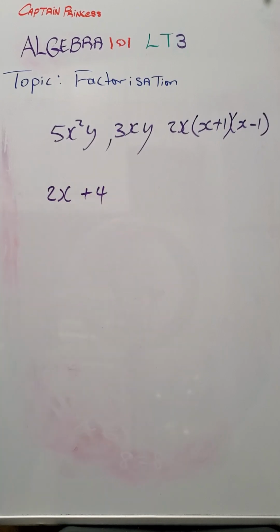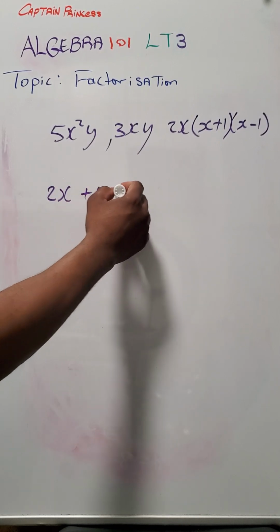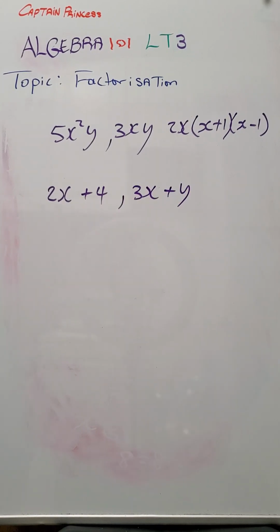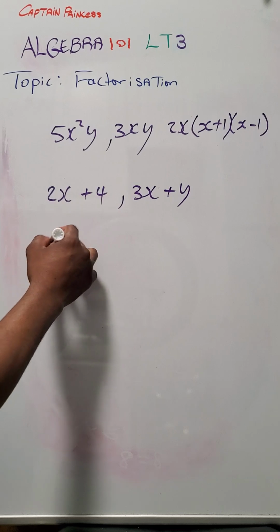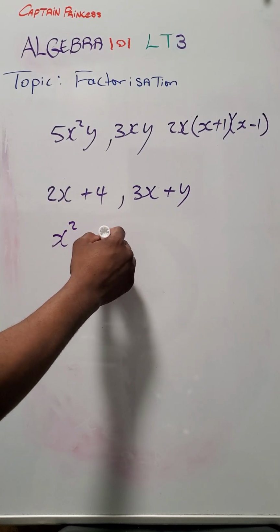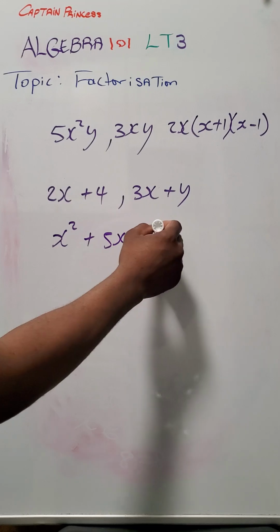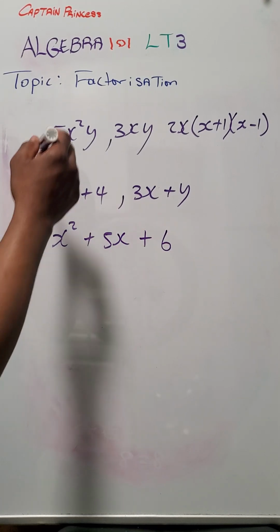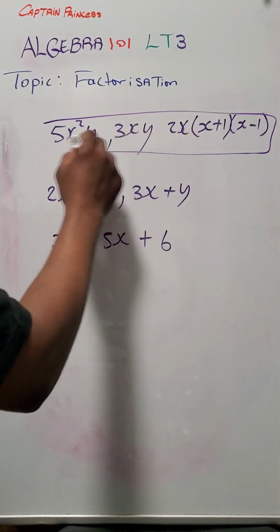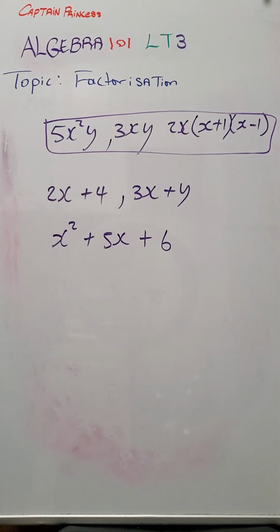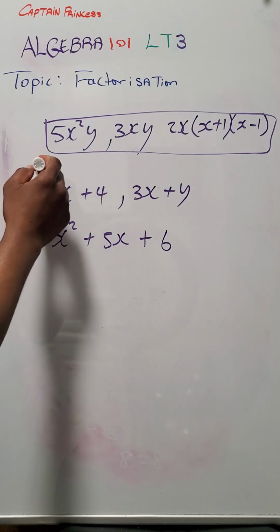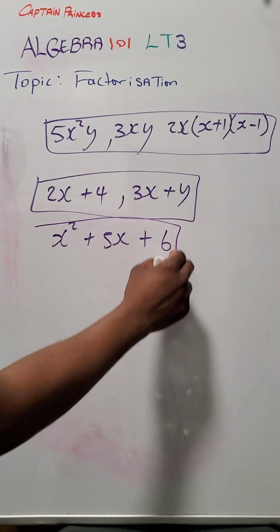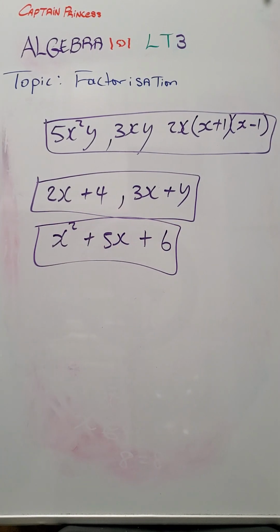2x plus 4, and also an expression of the form 3x plus y, and an expression of the form x squared plus 5x plus 6. Now, as you can see, these sets of expressions are different from the previous ones.